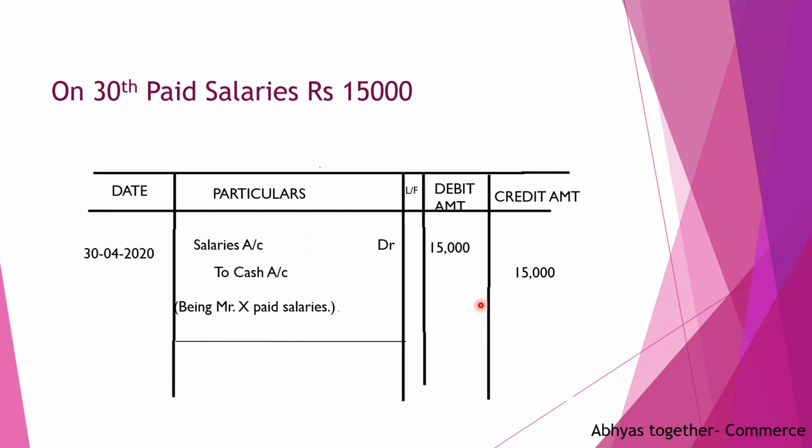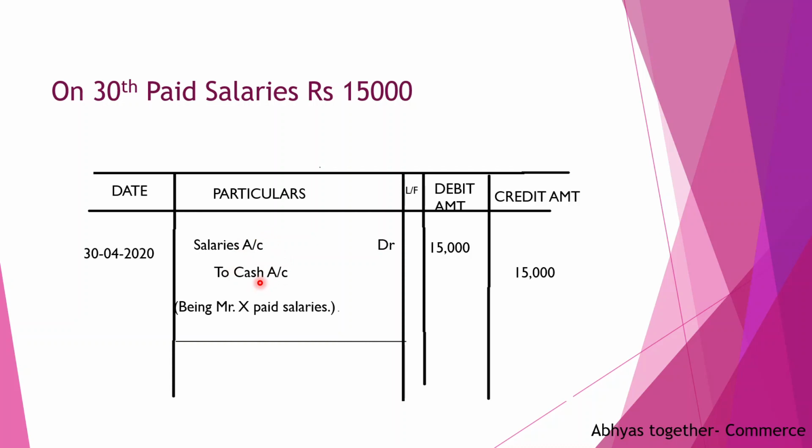On 30th, paid salaries rupees 15,000. Salaries is an expense to the organization or to Mr. X. Whenever we are paying salaries, definitely that's an expense, that's a loss. Debit all expenses and losses, right? Then it's a nominal nature. And to cash account. What is going outside? Cash is going outside.